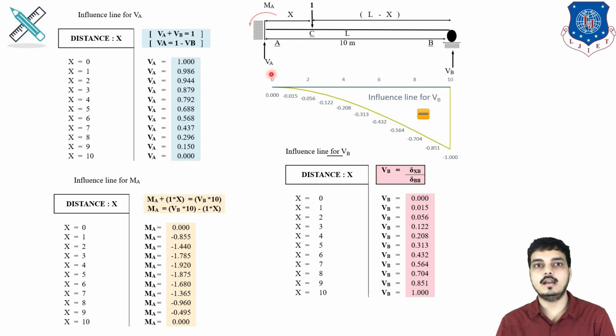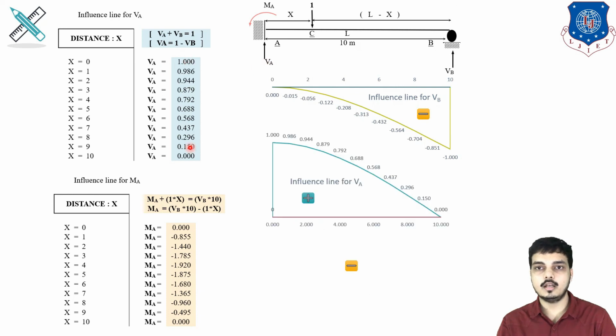If we assume left side upward positive, then right side upward should be negative. So that's why VB comes out negative. But when you see VA, it is positive as the value is. So we have assumed VA upward as positive, so VB upward should be negative.